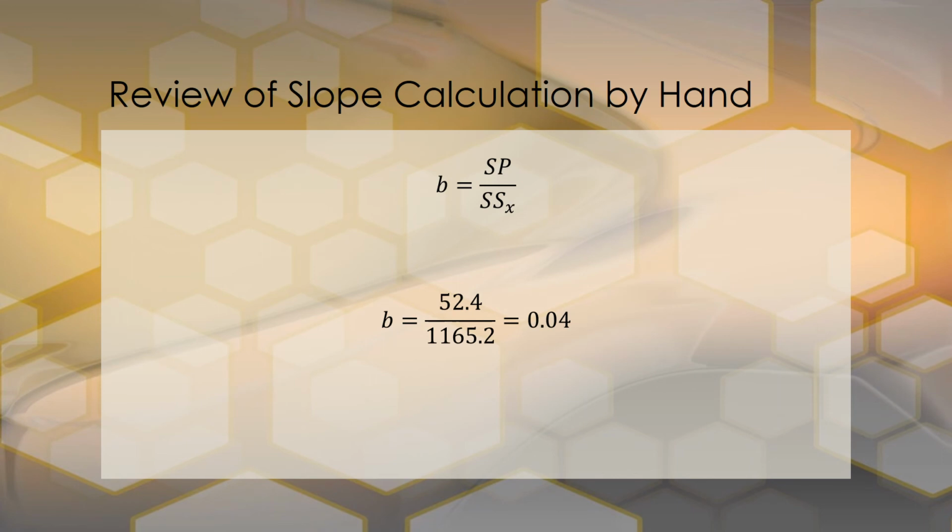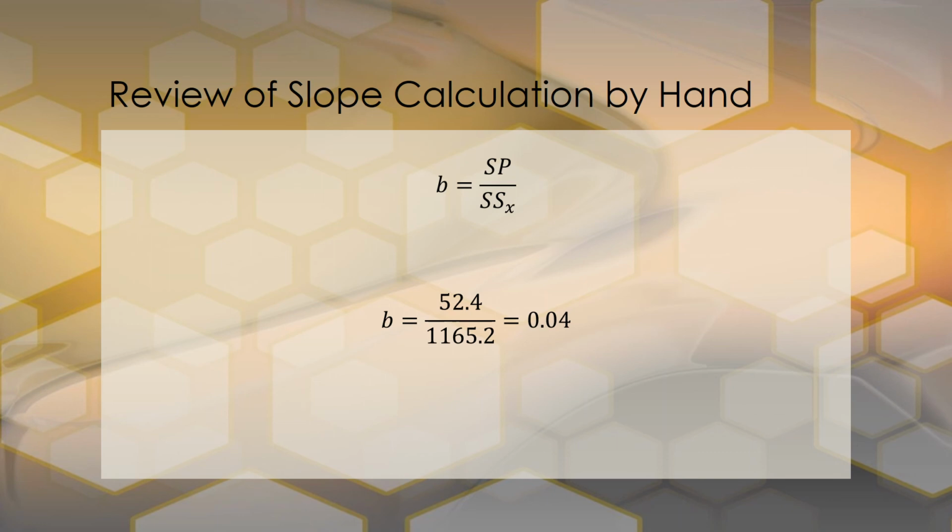So I'm just going to review really quickly how we got the slope. I found the sum of the products and divided by the sum of squares for x. The sum of the products was 52.4, and the sum of the squares for x was 1165.2, and if you divide that, you'll get 0.04.